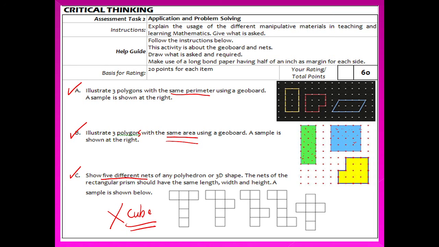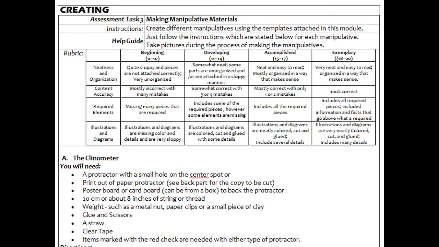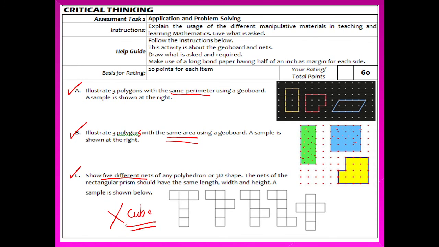Class, is the critical thinking part clear? Yes, sir. Okay. I mean, different nets kanang of isa ka polyhedron, sir? Or different silbing unsa nga, isa ra ka polyhedron inyong piliun.